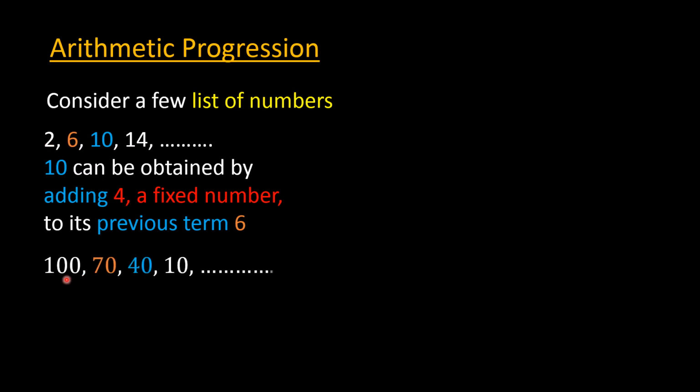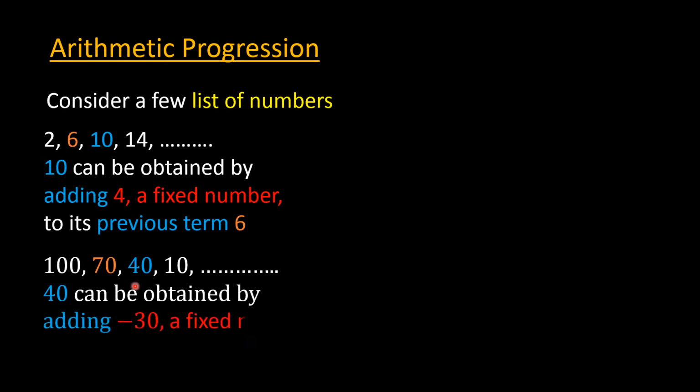Consider another series: 100, 70, 40, 10, and so forth. Here also, each of these numbers, except the first one of course, can be obtained by adding a fixed number to its previous number. For example, 40 can be obtained by adding a fixed number minus 30 to its previous number, which is 70.